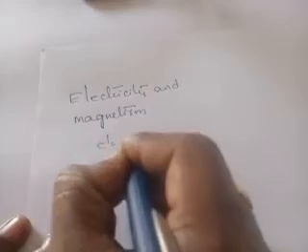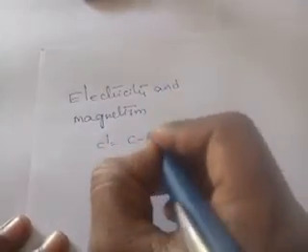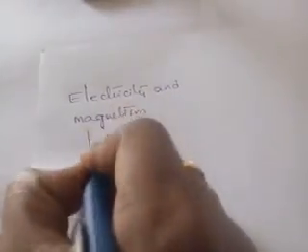Further, if we measure the speed of light as c in the x direction in the S frame, then in the S dash frame the value comes out to be c dash is equal to c minus Vx.